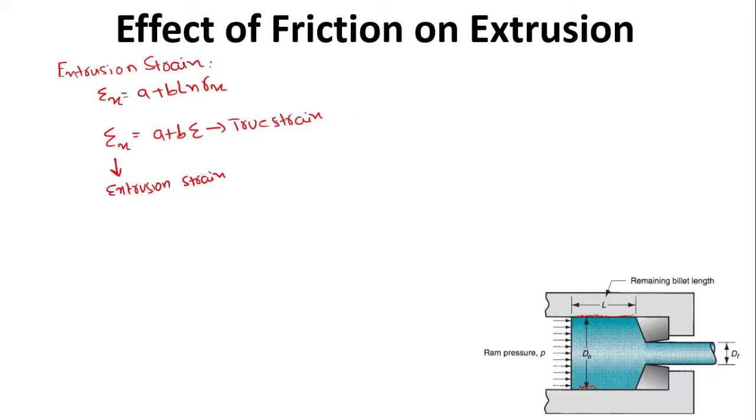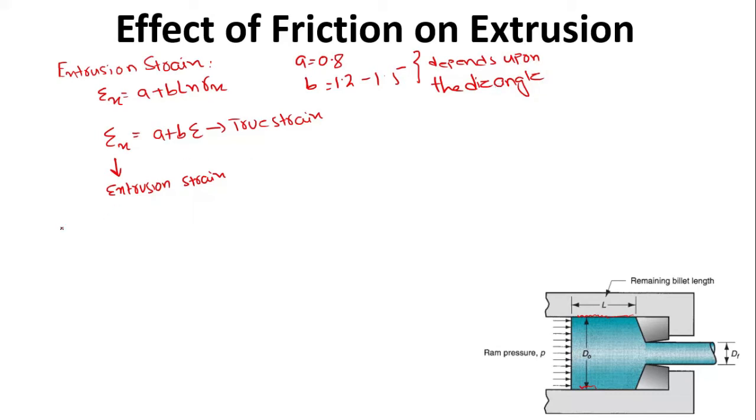So here A is 0.8 and B ranges from 1.2 to 1.5. These values depend upon the die angle.